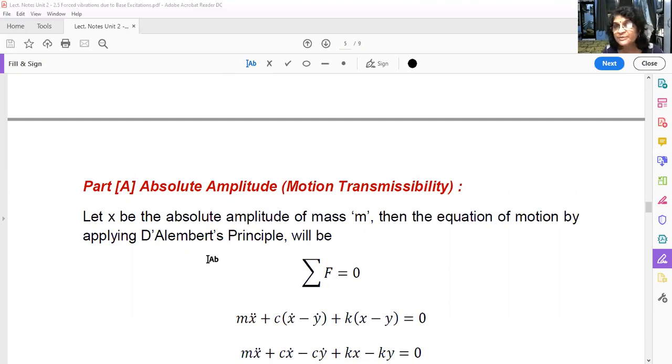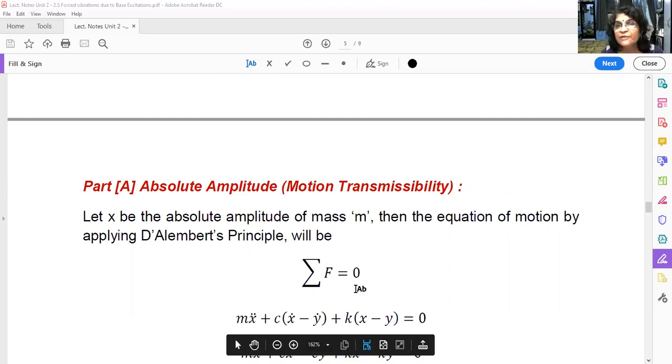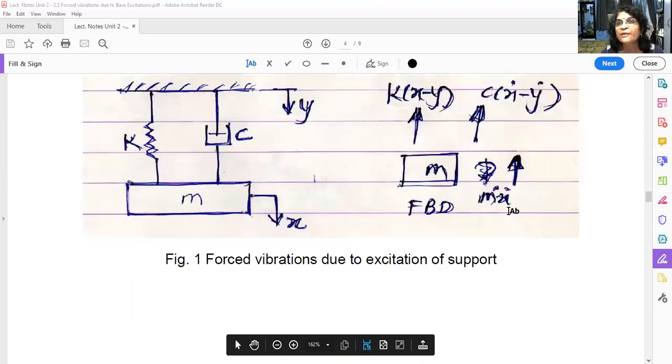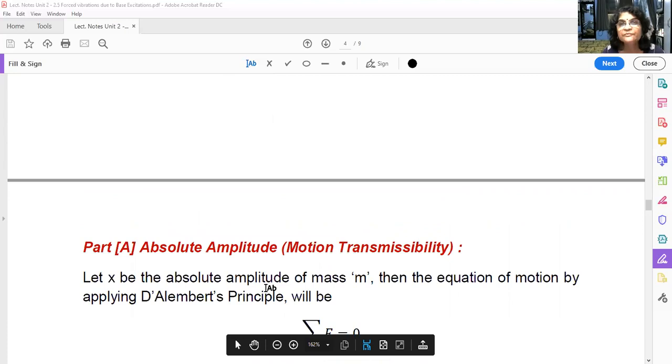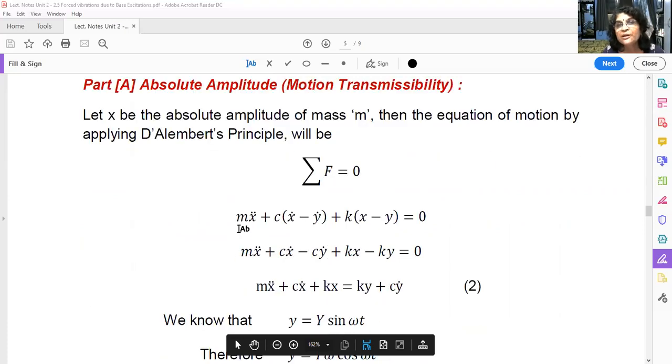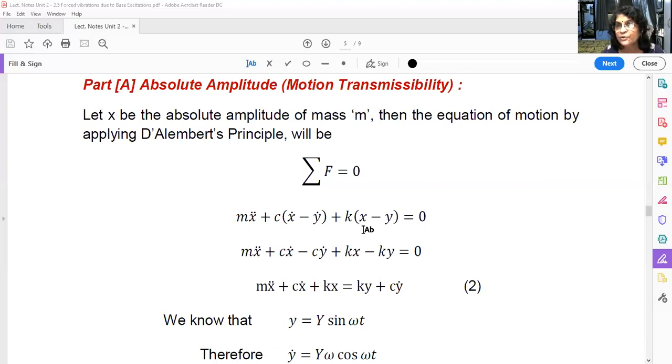So what is D'Alembert's principle? Summation of F is equal to 0. All these forces are acting upward, because your mass is moving down, so all the forces are upward. The upward direction we are considering positive. Hence m x double dot plus c into (x dot minus y dot) plus k into (x minus y) is equal to 0.